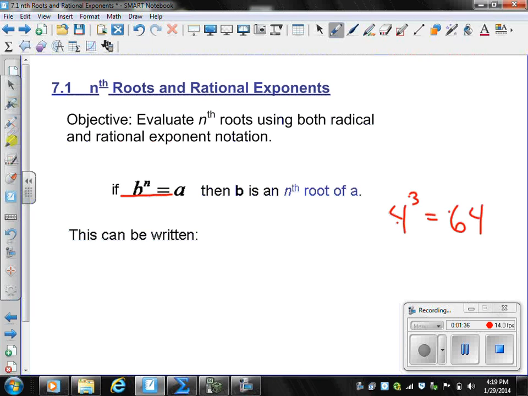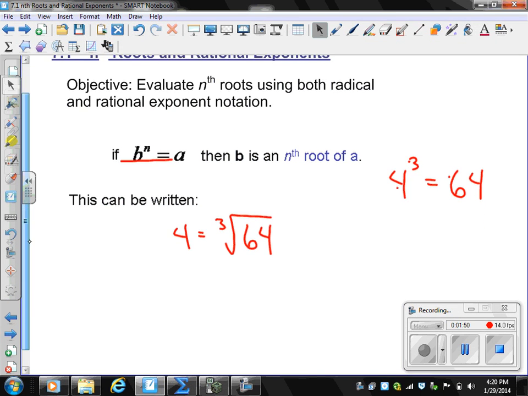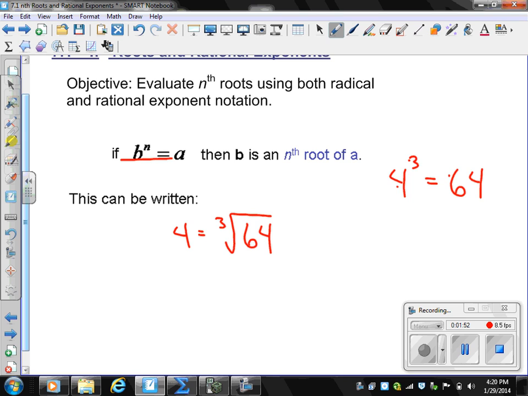So we can write this in this notation here: 4 is the third root of 64. Notice how I'm using that same radical that we've used before, except now I'm writing it with a different number out here. And this number right in there, that's called the index. So the index tells you what root you're taking, which is really important when we're talking about roots and radicals.